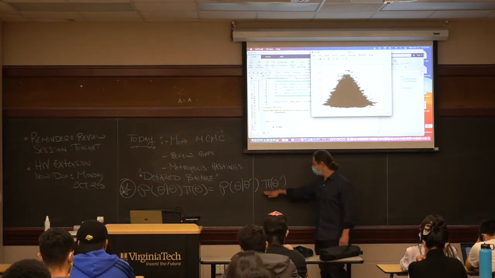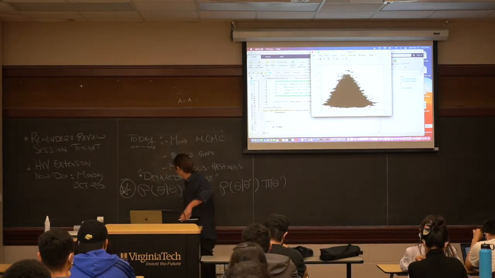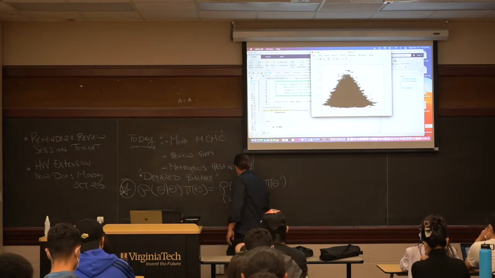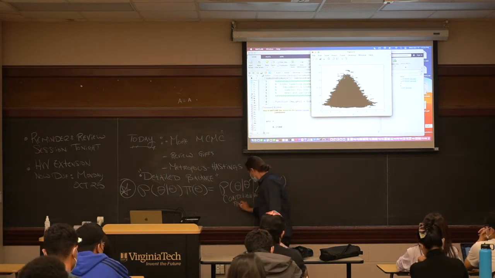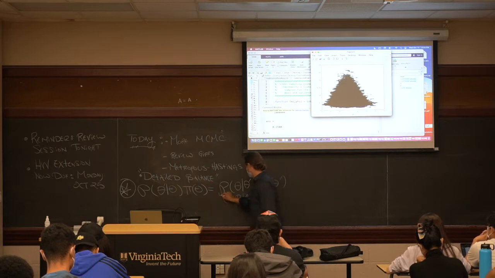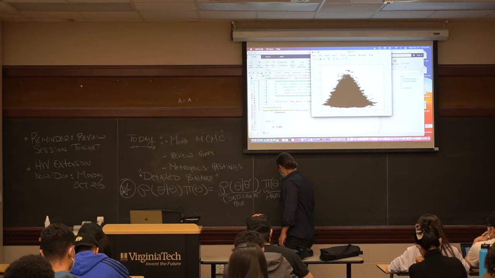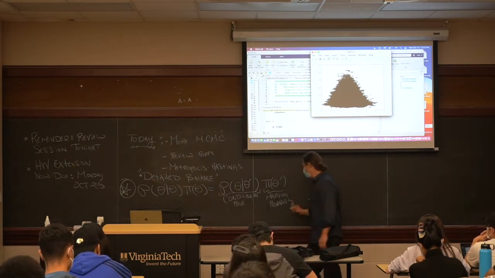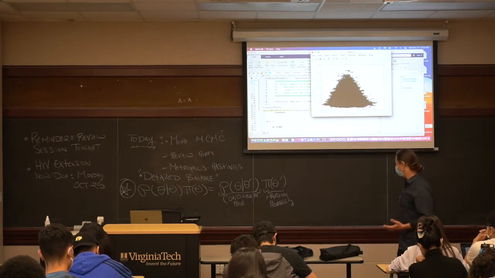So this would be the marginal probability of theta prime. I'll just write this down. This is just a conditional probability, and this usually we call the margin, i.e., what's the probability that we're at this point in space, theta prime?